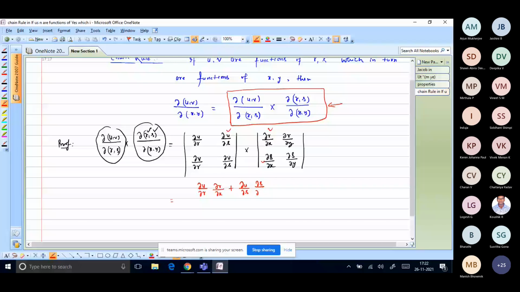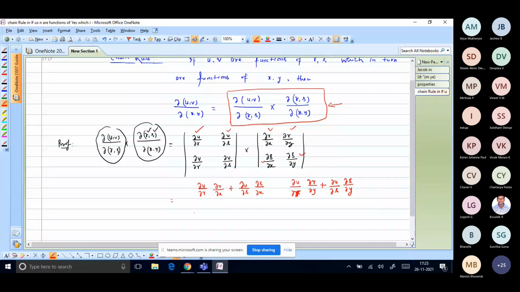Next, I multiply this with this and this with this: del u upon del r into del r upon del y, plus del u upon del s into del s upon del y.